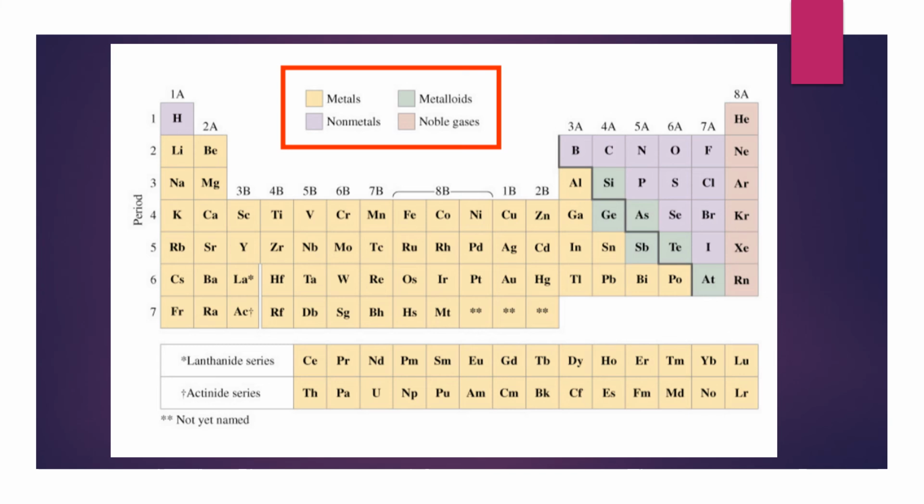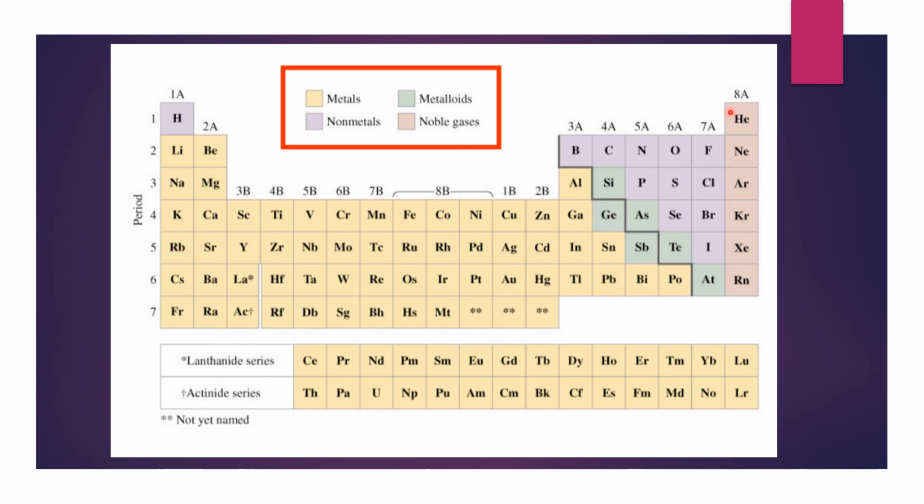This can be observed in the periodic table. The elements on the left side of the periodic table are metals, and those on the right side are non-metals. The elements close to the zigzag line are metalloids.